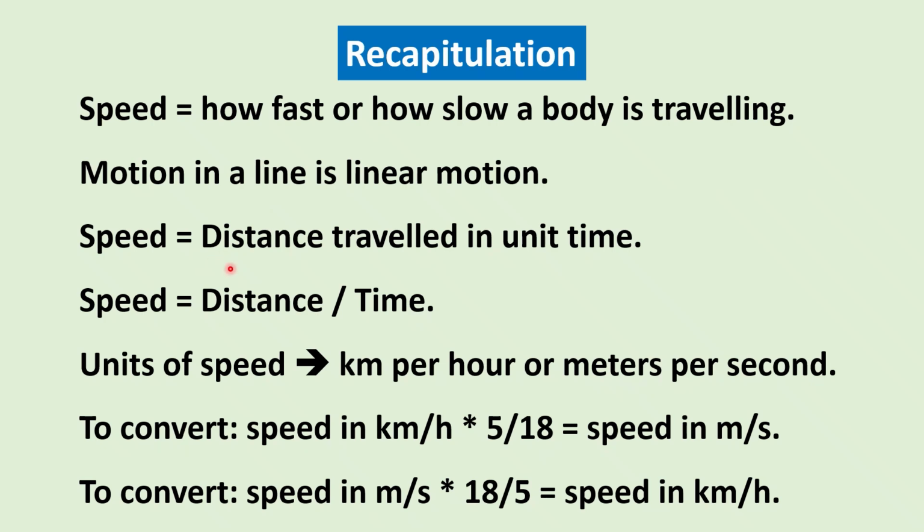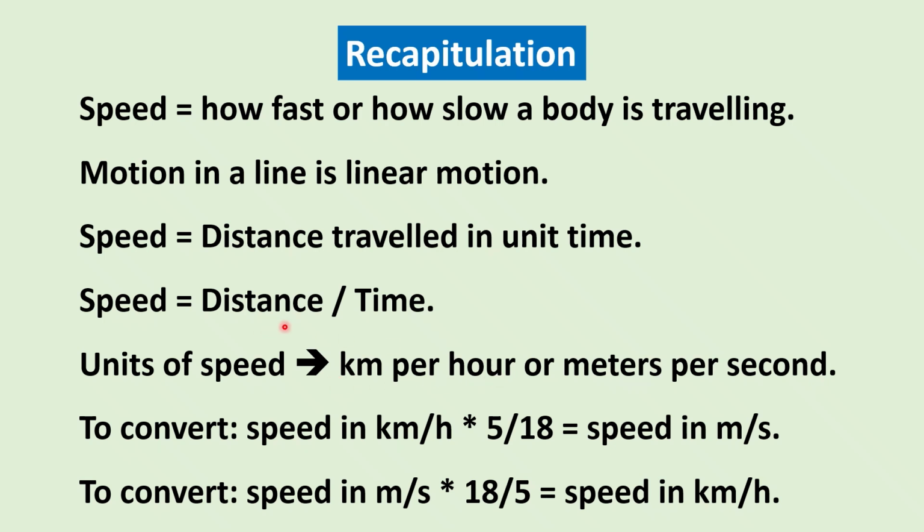Speed is defined as distance traveled in unit time. Distance in meters or kilometers traveled in unit time, that is 1 second or 1 hour. Speed is distance by time. Speed we calculate as distance divided by time. Units of speed: kilometers per hour.